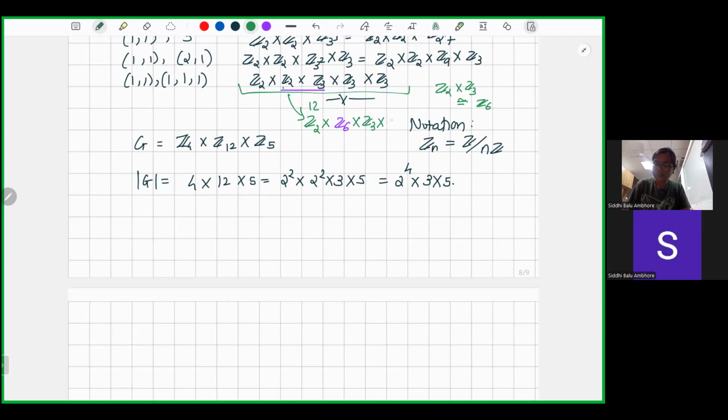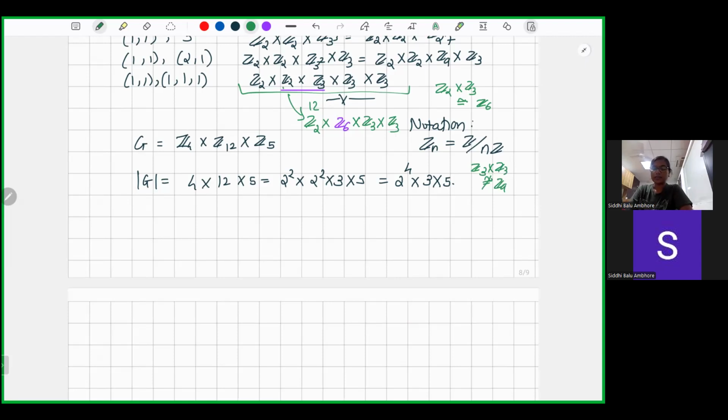You can't club Z3 and Z3. Z3 cross Z3 is not isomorphic to Z9. You can do this when the GCD of these numbers is 1. So you can club, and these two groups are isomorphic. You can check that.